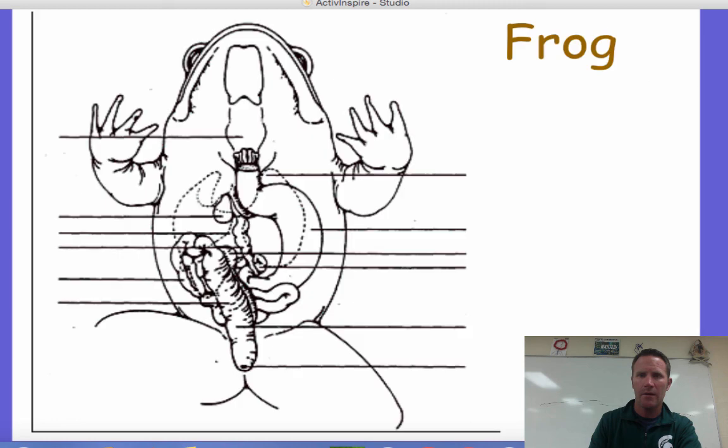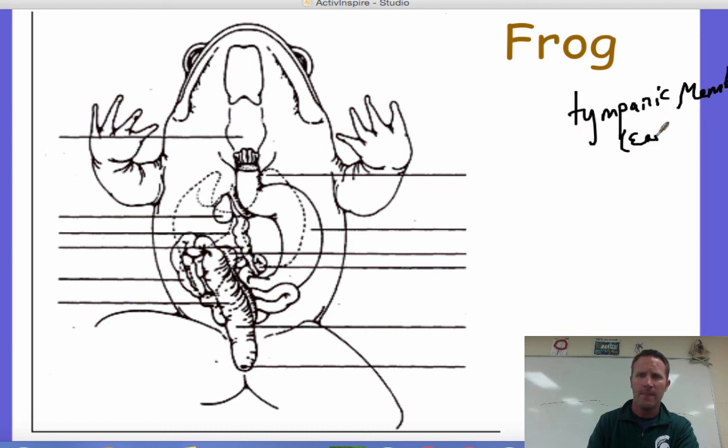And last but not least, the frog. The frog was the first animal we looked at that is both terrestrial and aquatic, so it has characteristics of both things. So externally, we looked at the frog, and we talked a lot about its camouflage and the fact that it has ears called tympanic membranes. And that's the ear.